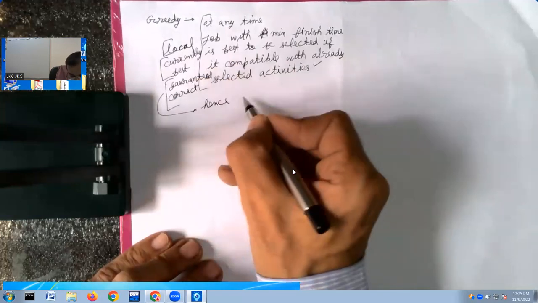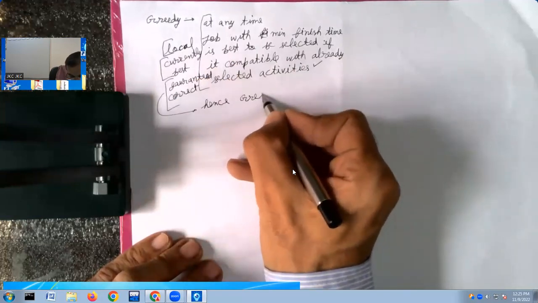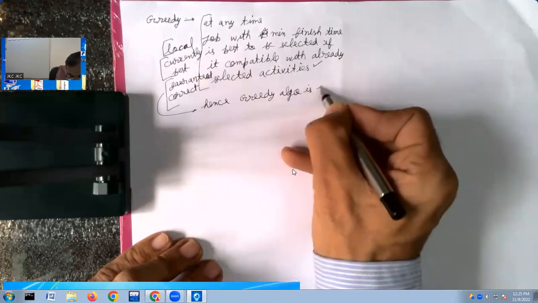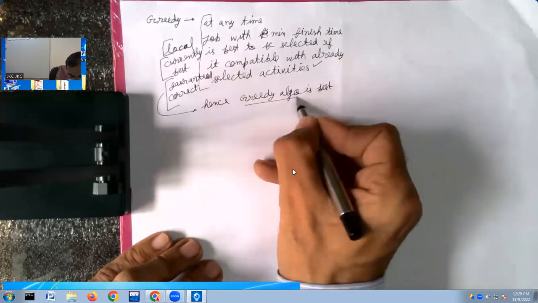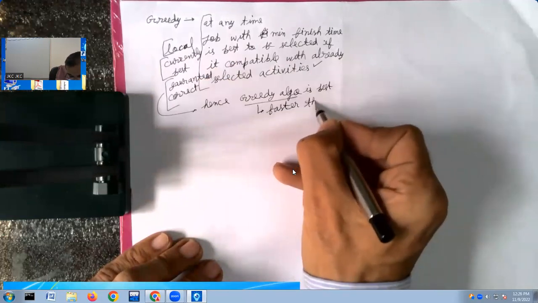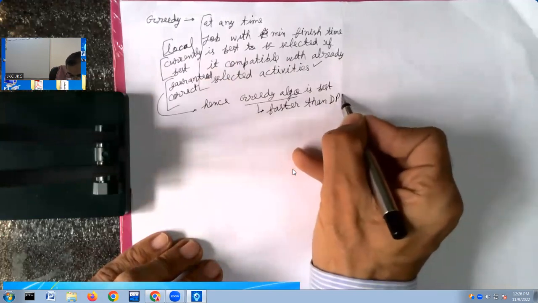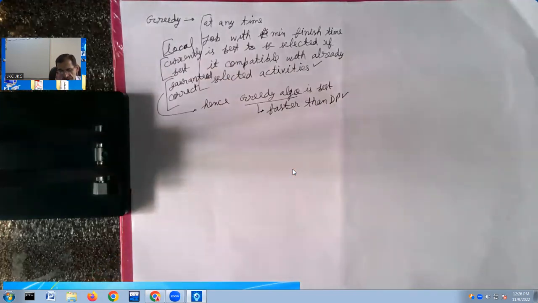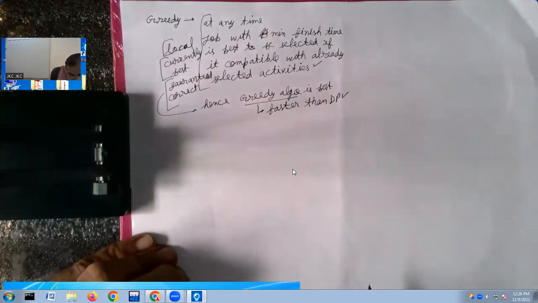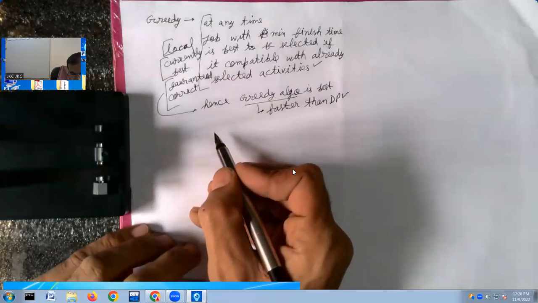Hence, the greedy algorithm is best. If a greedy algorithm is best, we can expect this to be even faster than a DP solution. Otherwise, of course, a DP will normally be much faster, but in this case, it will be faster than the DP solution. And otherwise, a DP solution could have worked.